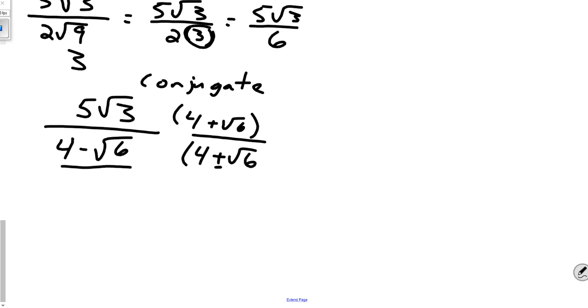So how do you know when you have these conjugates? When there's an addition or subtraction on the bottom.